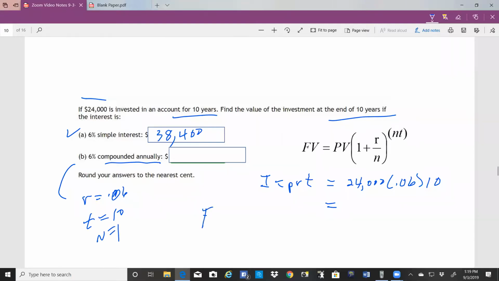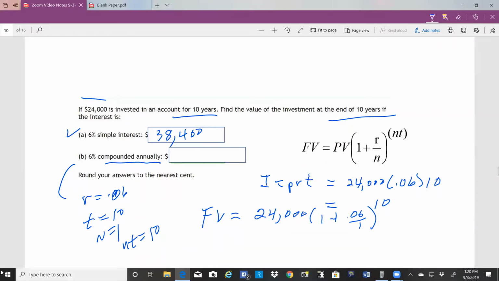So the future value is going to be 24,000 times 1 plus 0.06 over N, which is 1, to the NT, which is 10. So your exponent is 10.